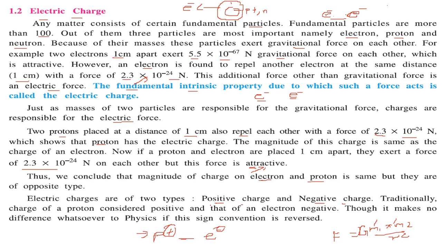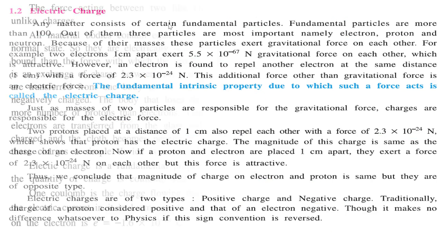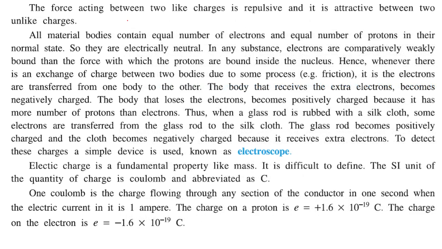It makes no difference, but we will follow this convention for our next discussions. The force between 2 like charges, proton and proton, is repulsive. Electron and electron, repulsive. But a proton and an electron are attractive.